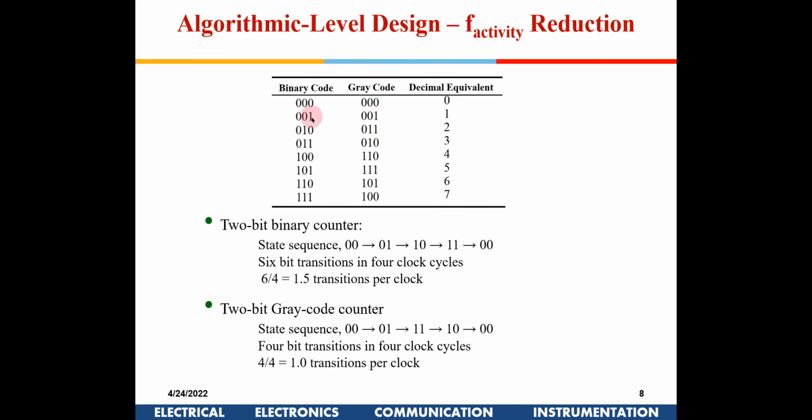So here 1 is becoming 0, 0 is becoming 1, whereas here only one bit has a transition. Again, from 3 to 4, all 3 bits are changing in a binary code, whereas in the gray code at the same place there is only 1 change in the MSB, and the LSB remains the same, right?